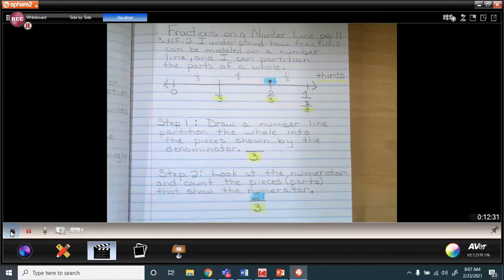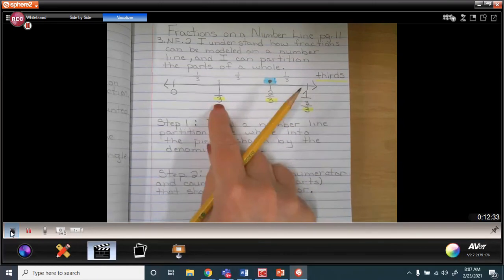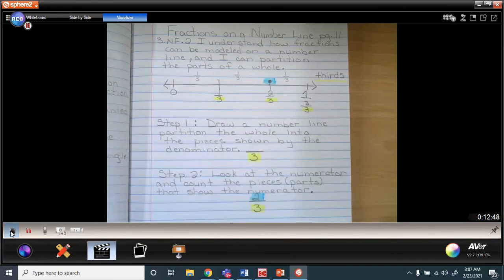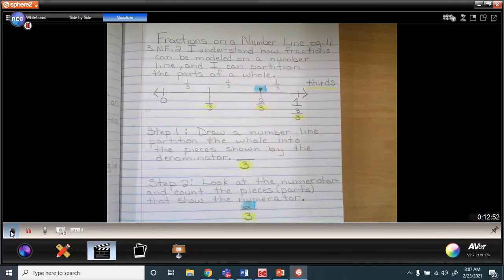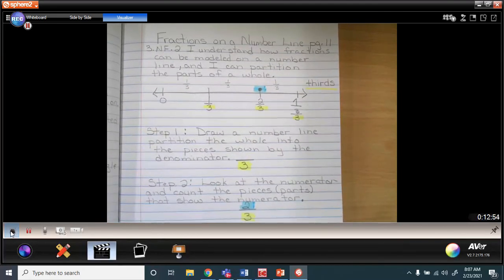So understanding your multiplication facts or multiples is very important, because you can use that understanding to help you with partitioning your fractions into smaller pieces. And we'll talk about that more when we start to look at equivalent fractions, or fractions that are equal to each other.